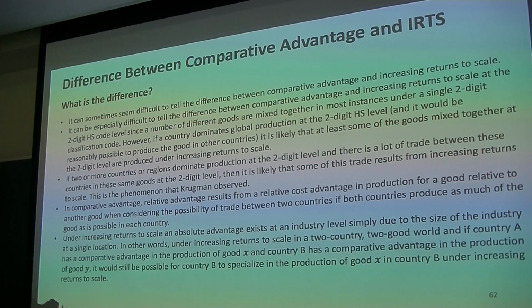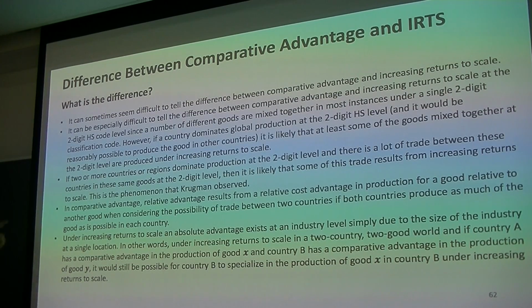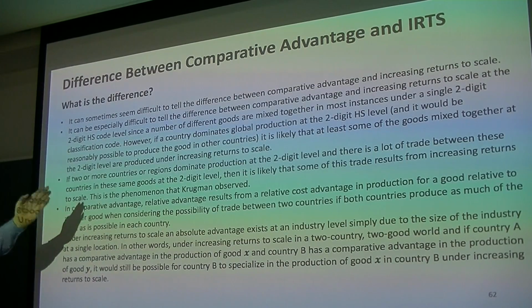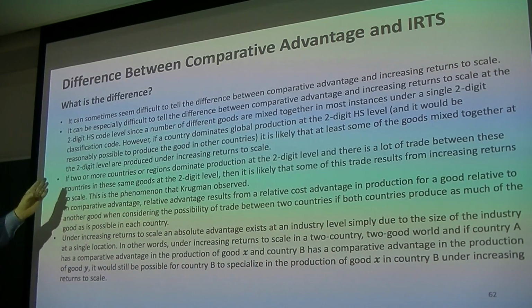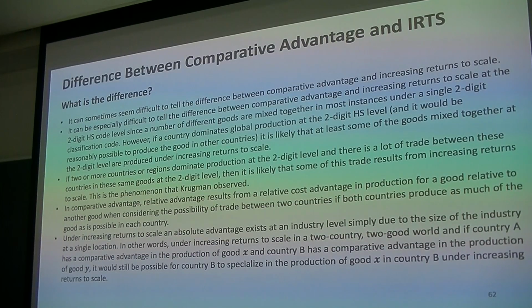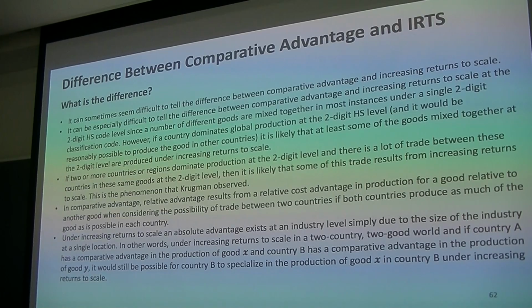So that's one clue you want to look for. Now, if 2 or more countries or regions dominate production at the 2-digit level, and there's a lot of trade between those countries, it's likely that some of this trade results from increasing returns to scale.